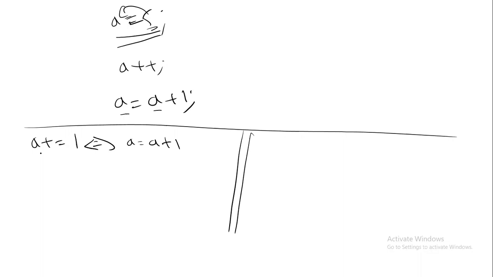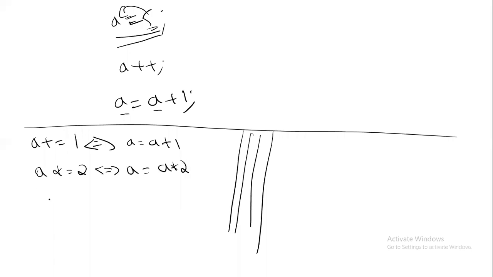I'll make two sections because I need more space. Then not only for plus, A multiplied equals 2 means that A is equal to A into 2. Simple. Then A divided equals, let's say 3, means that A is equal to A divided by 3.